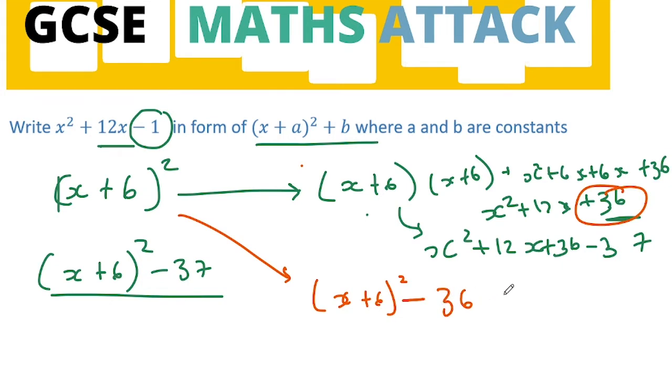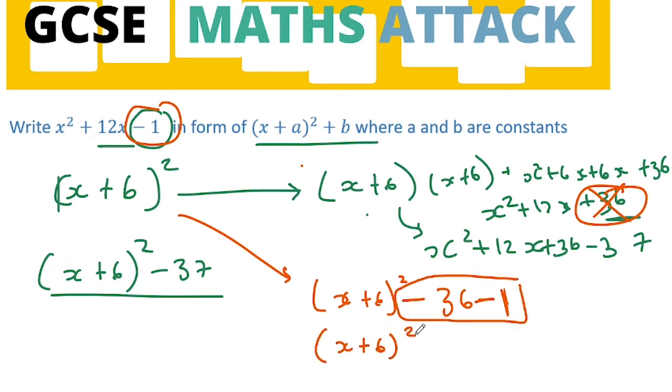So I don't need 36, I'm going to subtract 36. I can see that there's a -1 here. So I'm going to stick -1, because if I have plus 36 and I subtract 36, that leads me to a 0, this vanishing. But I need -1, so I stick -1. Now I'm going to simplify this. So that will be x plus 6 squared minus 37.